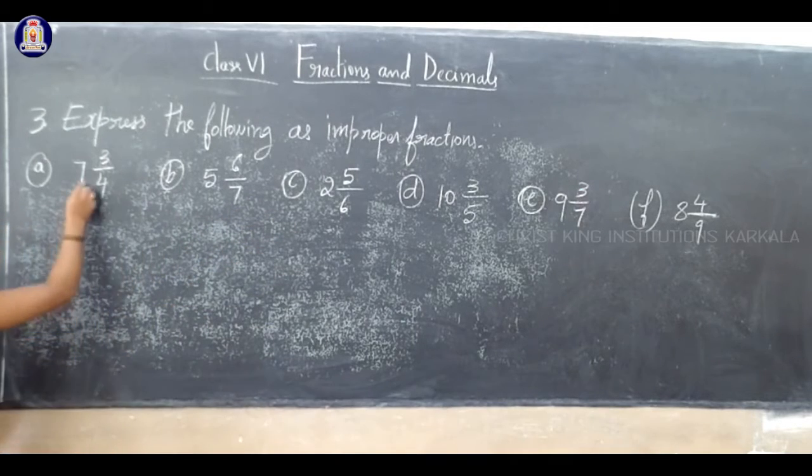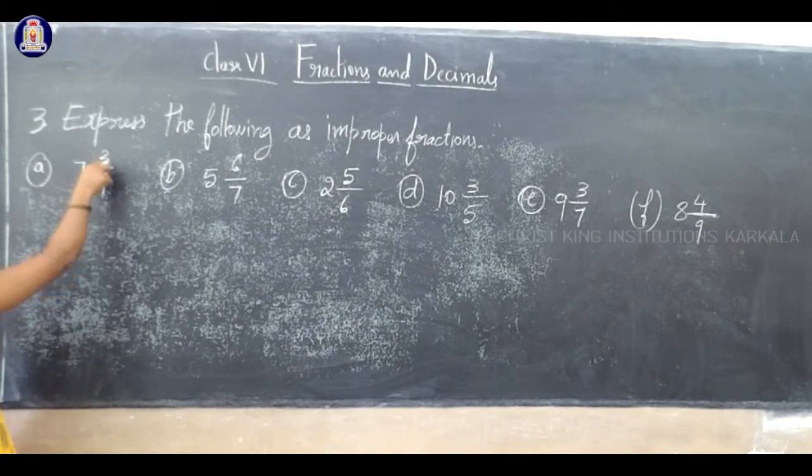Okay. See, 7 3 by 4. This is a mixed fraction, isn't it? 7 3 by 4. So now you have to multiply these. How can we write an improper fraction? This is a mixed fraction. So multiply these two, 7 and 4. 4 sevens are 28 plus 3.